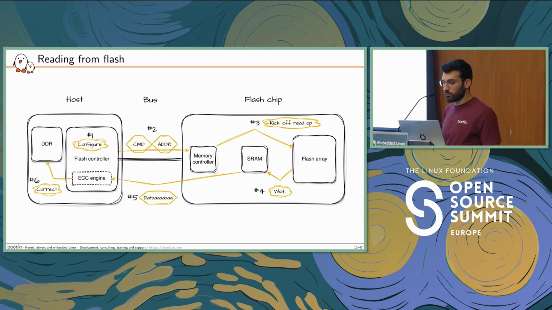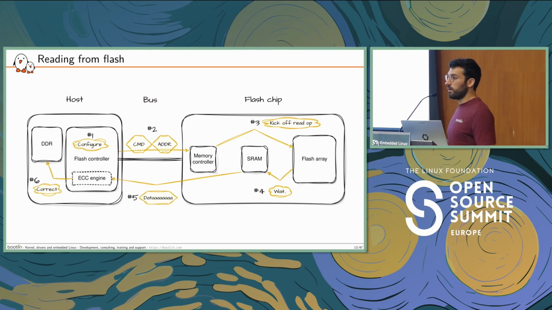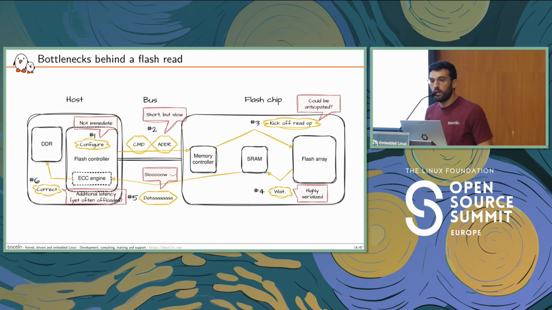This takes, of course, a bit of time. There is a wait period until the data is ready in the SRAM. There is an I/O part where we retrieve the data from the flash chip on the host. It may go through an ECC engine if you are using NAND in order to correct the data as well.